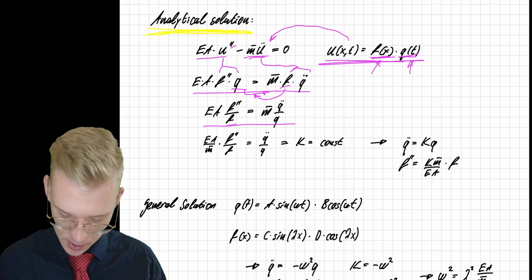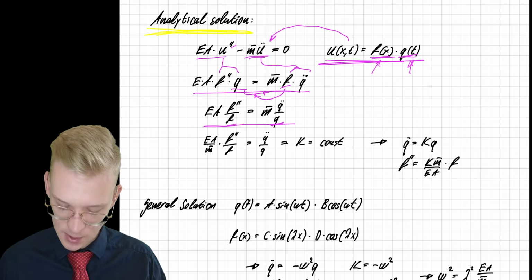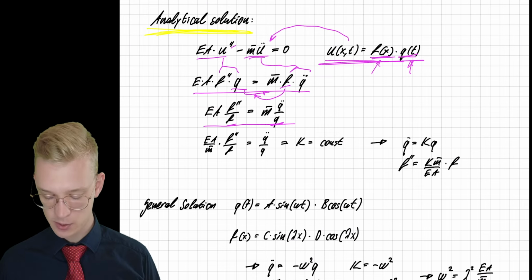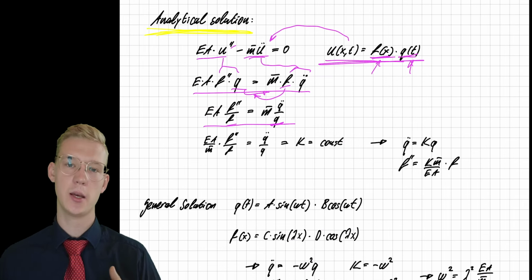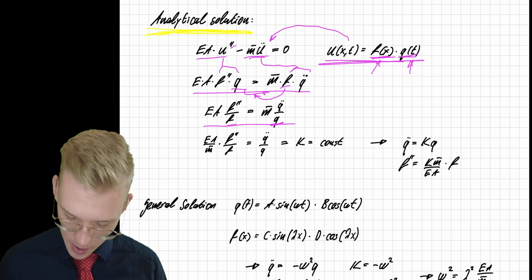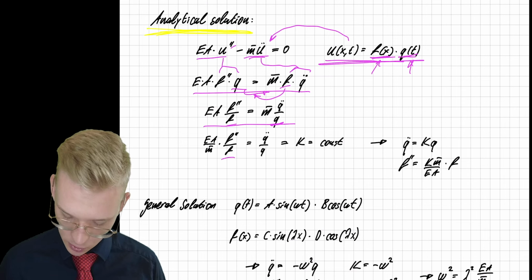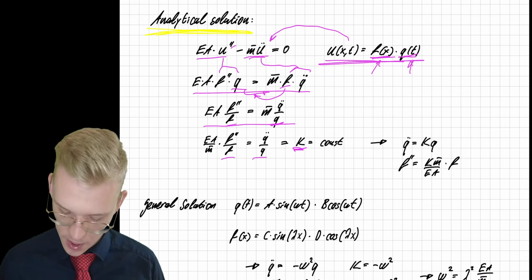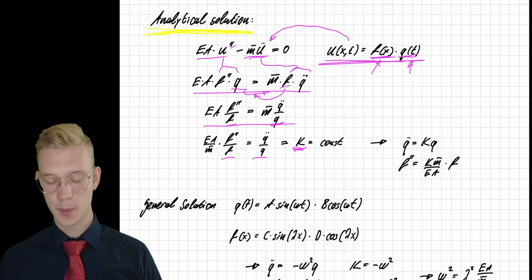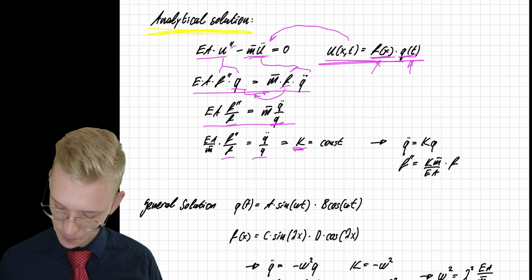So we know that this is dependent on time and this is dependent on the space coordinates. So we will have an equality in time and in space. And we know that these two will always be a constant. We don't know which constant, but we know that they are constant.